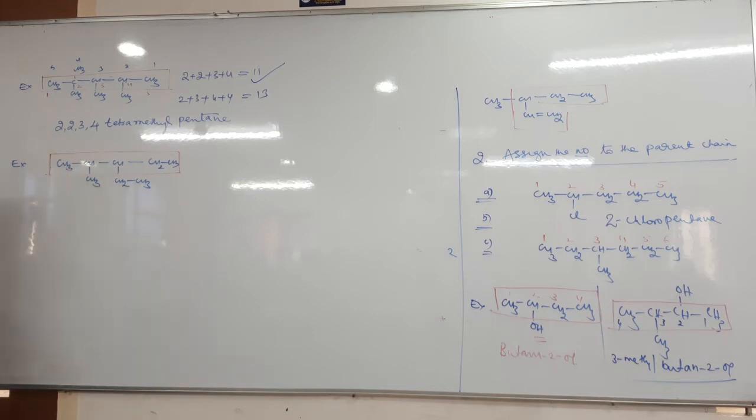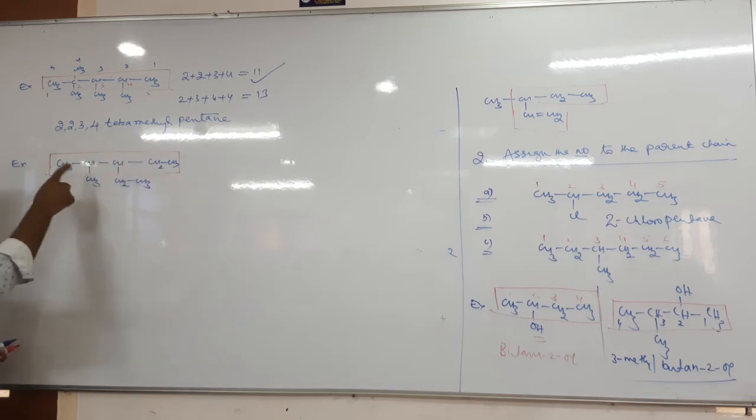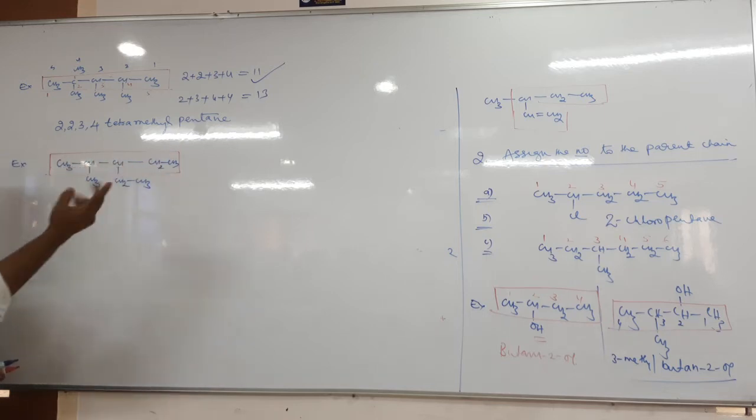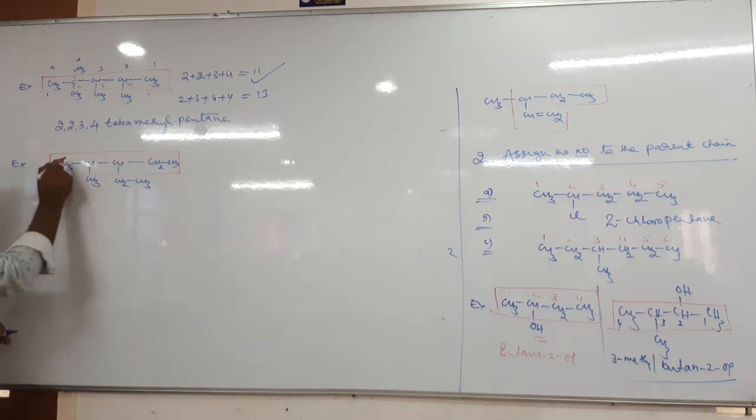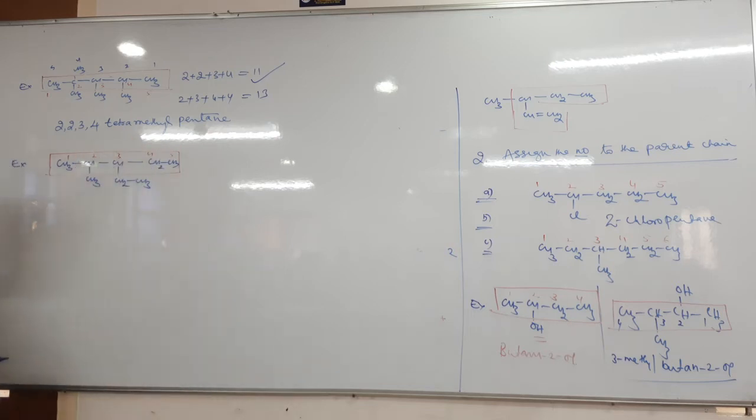If there are two or more substituents, go for the lowest sum rule. From one side it is 1, 2, 3: 2 plus 3, 5. From the other side, 3 plus 4, 7. From right to left, 1, 2, 3: 2 plus 3, 5. So 1, 2, 3, 4, 5 is correct, since the numbering is by the lowest sum rule.